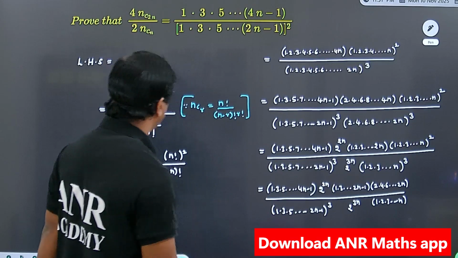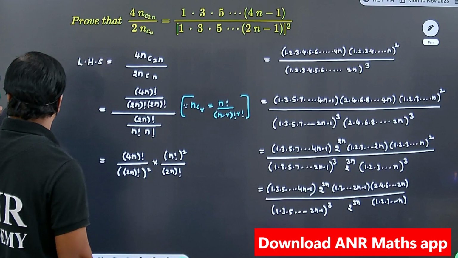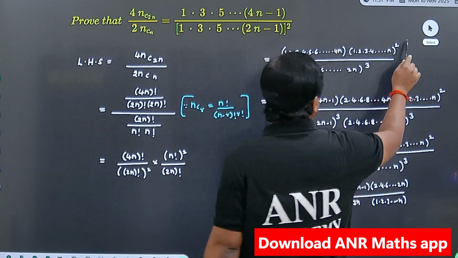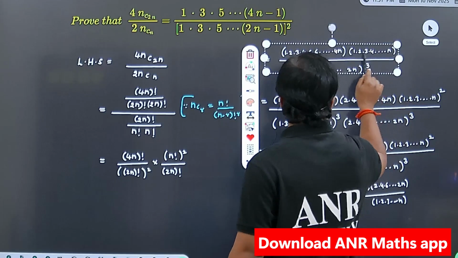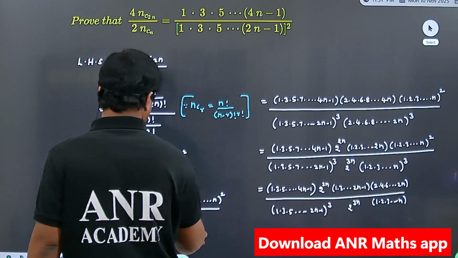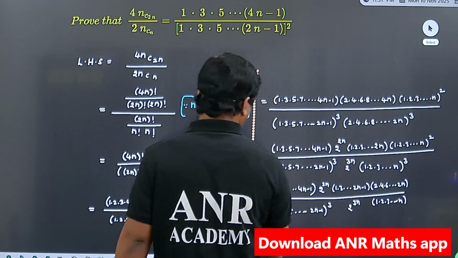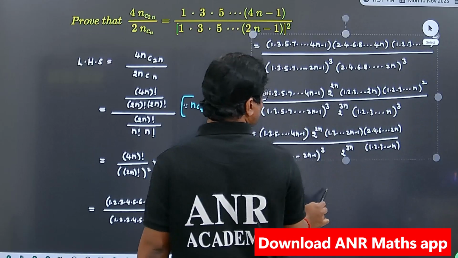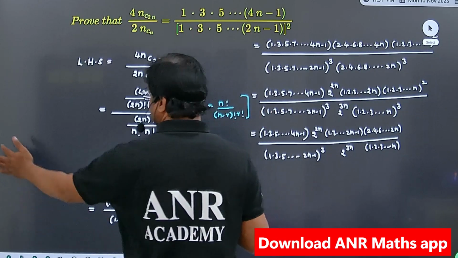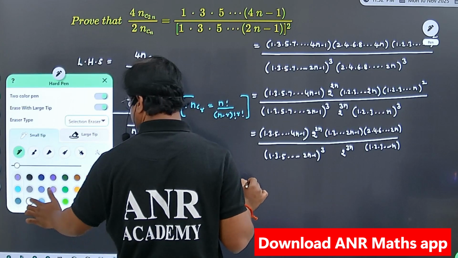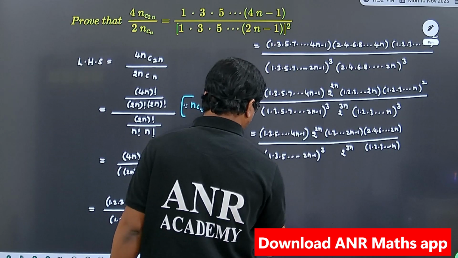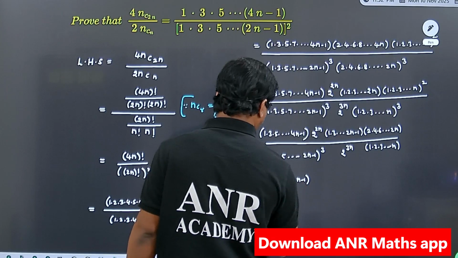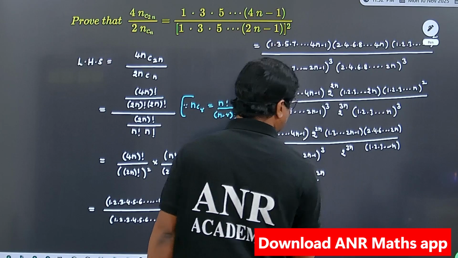Let us continue this. Now this is equal to 1, 3, 5 and so on 4n minus 1, 2 power 2n.